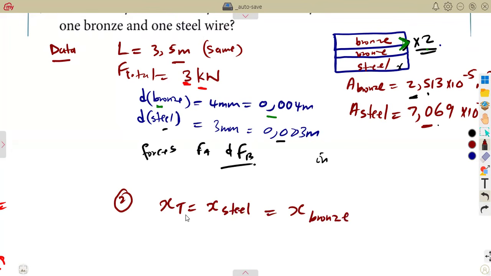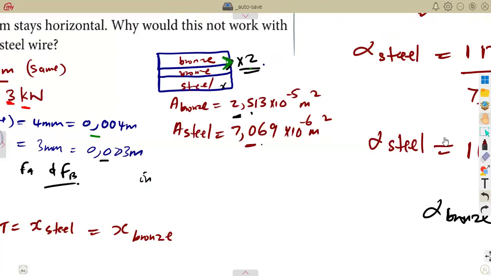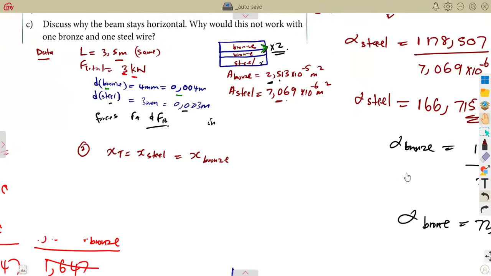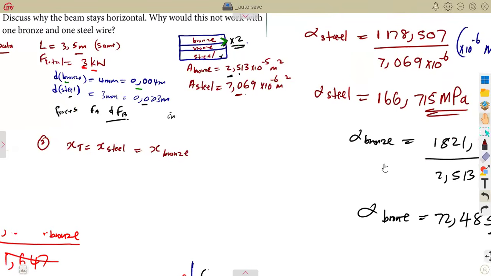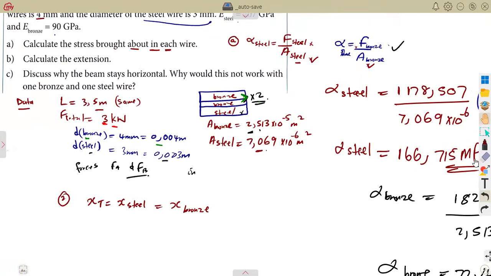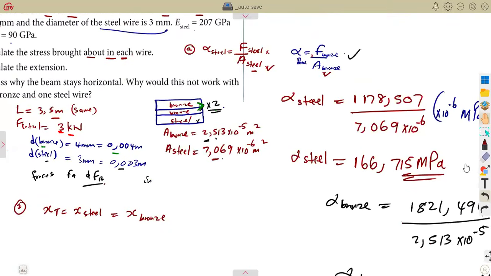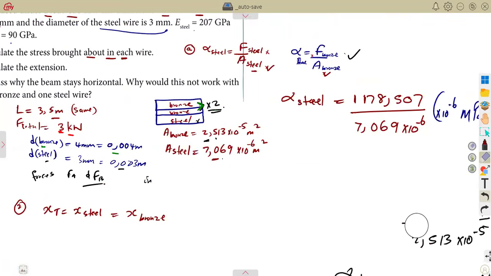So in this case, guys, I'm going to work with one part. With the force that I'm having, I'm just going to work with any of these. So let me just take this one for bronze. I can even use the one for steel. What was the force there? Remember, the force here for steel, we calculated this. So just use any part.